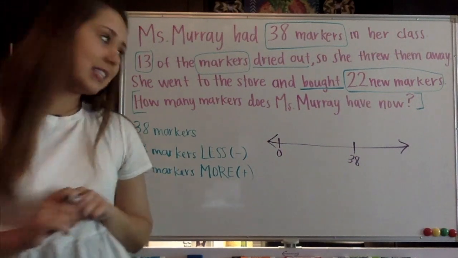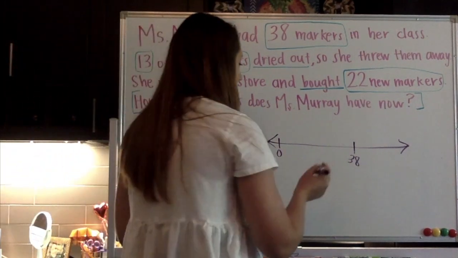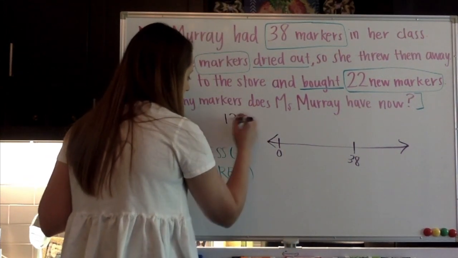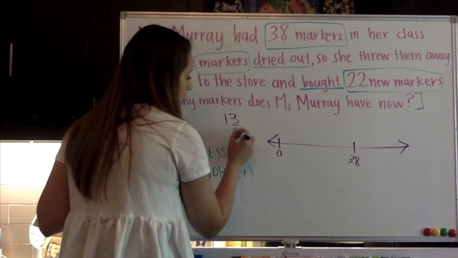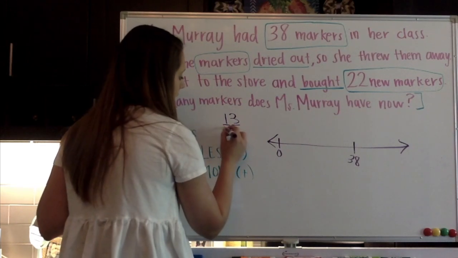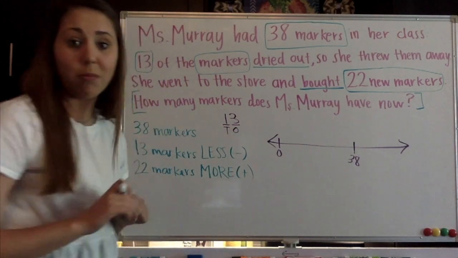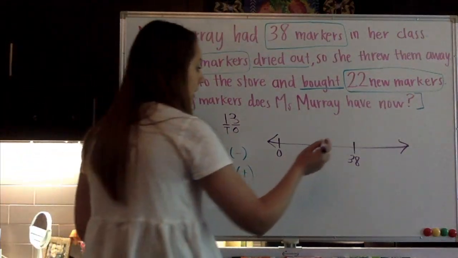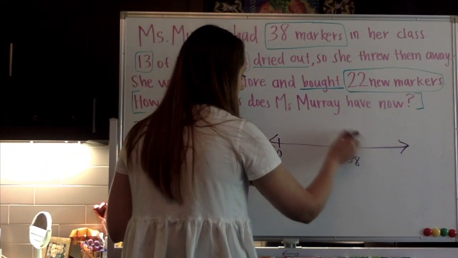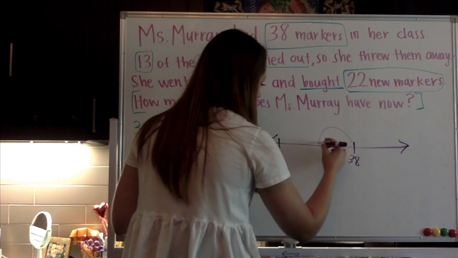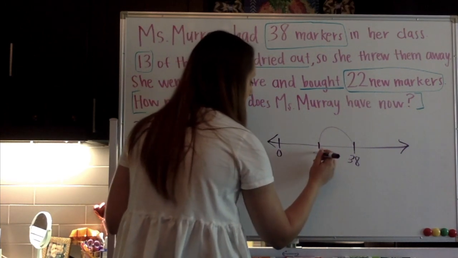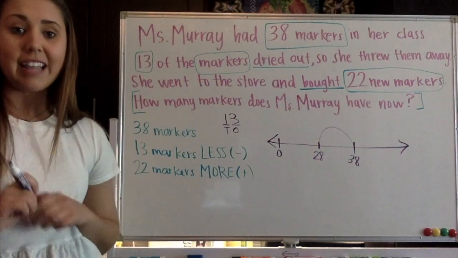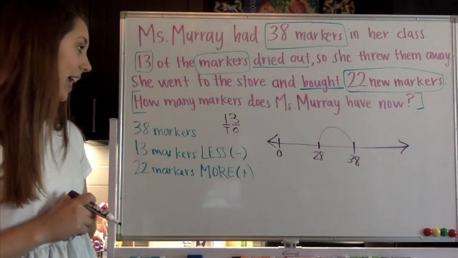So what I can do to save time is I know that the number 13 has 3 1s and 1 10, if we remember our place value. So I'm going to jump back that 1 10 to 28, because I know if I'm counting by tens backwards from 38, that will take me to 28.